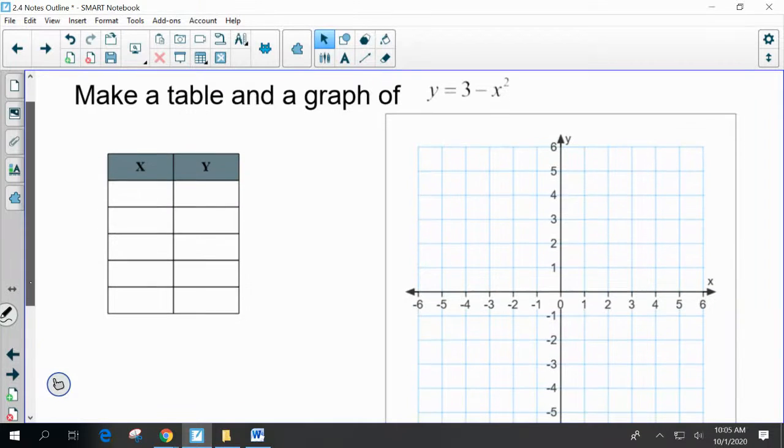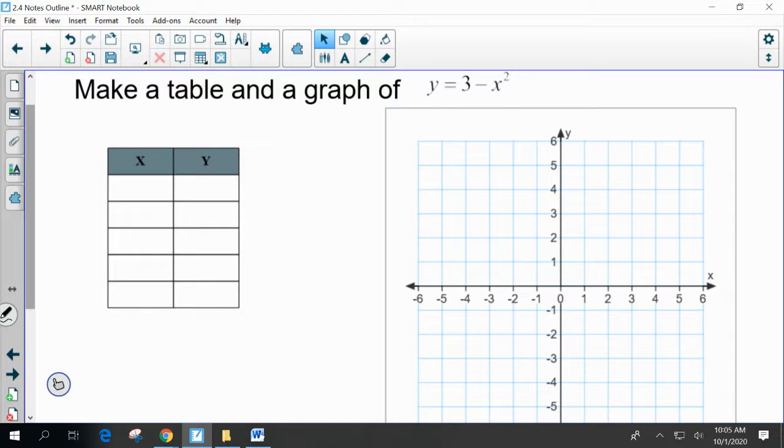So we're going to be graphing 3 minus x squared. So we're going to use the same numbers again. So y equals 3 minus parentheses negative 2 squared.